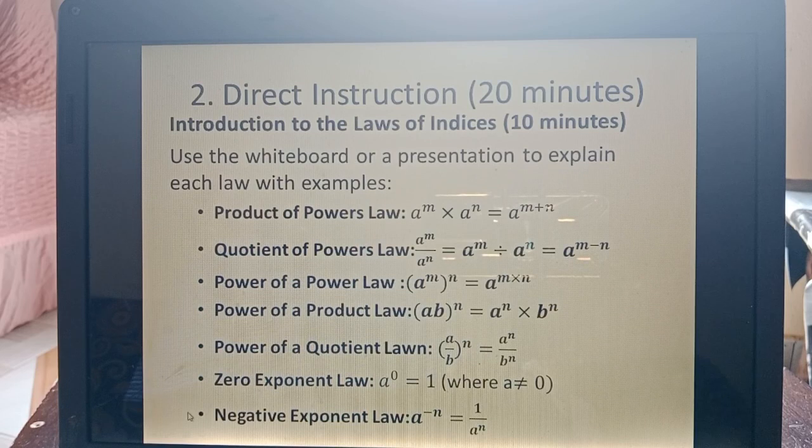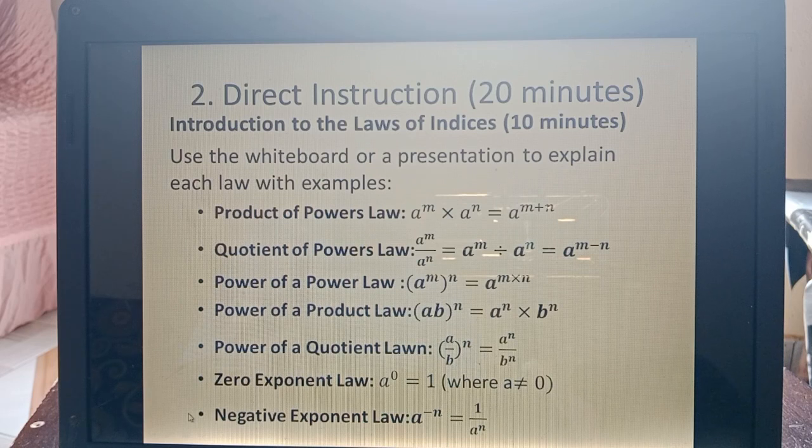Direct instruction will take 20 minutes. And in the first 10 minutes, you are going to do introduction to the laws of indices. And you use the whiteboard or a presentation to explain each law with examples. So we have the product of powers law. We have the quotient of powers law.